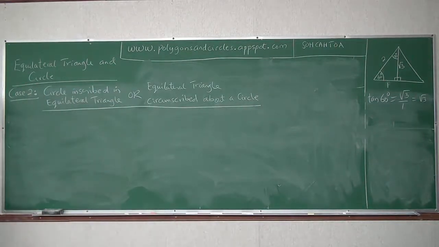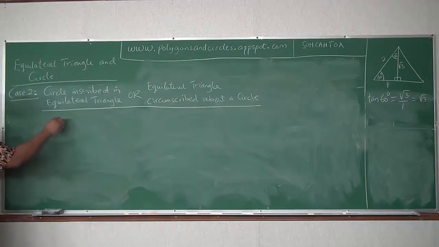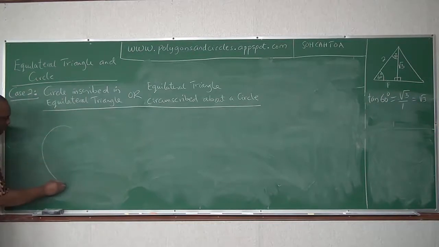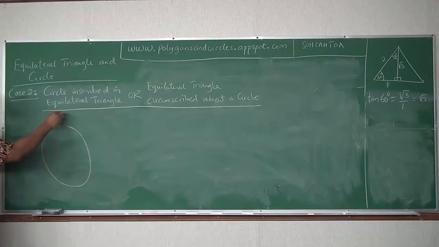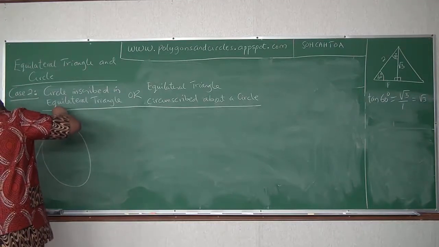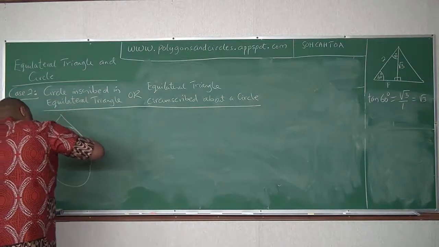Let's see how this goes, folks. So we have something like this. Which one should I draw first now? If I draw the circle, as usual, don't mind my diagrams, okay? I will try.